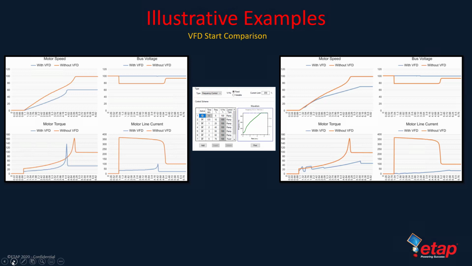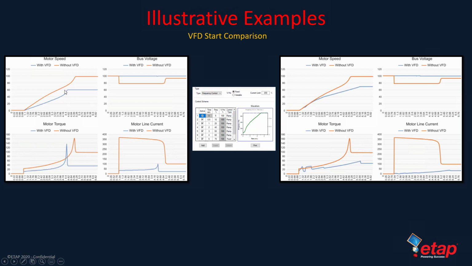So what you're looking at on the screen is, in orange, starting of a motor without a VFD drive, as compared with the blue line, which is starting of the motor with a VFD drive.